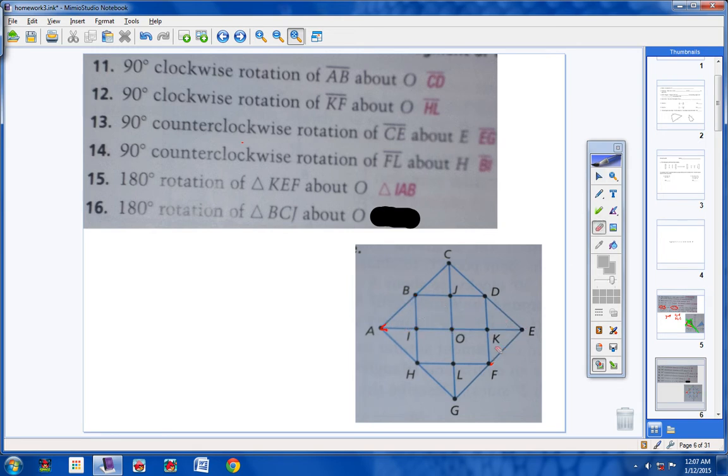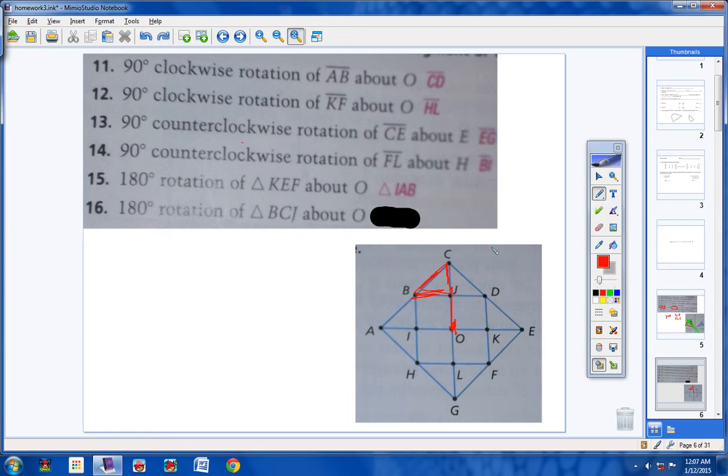And then lastly for this section, number 16. So here we go. 180 rotation of triangle BCJ. So BCJ 180 about O. So here's O. So I'm going to draw a line. We're going to rotate it 180 degrees all the way around to this right here.